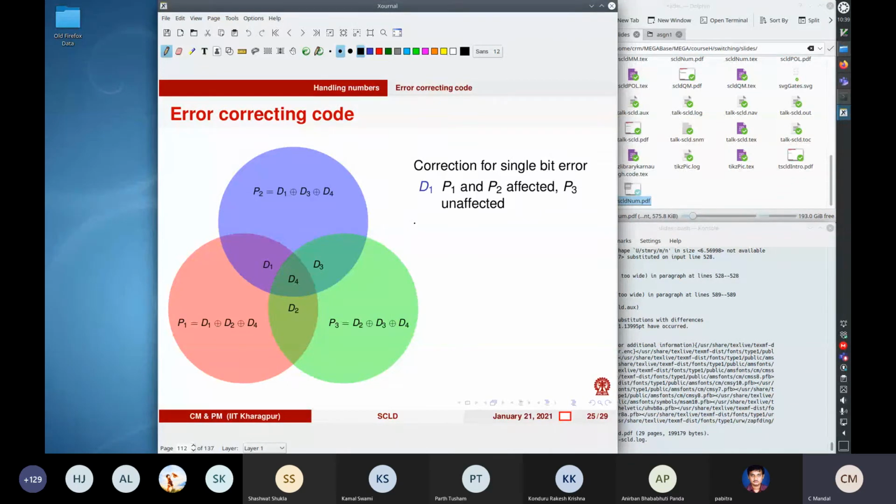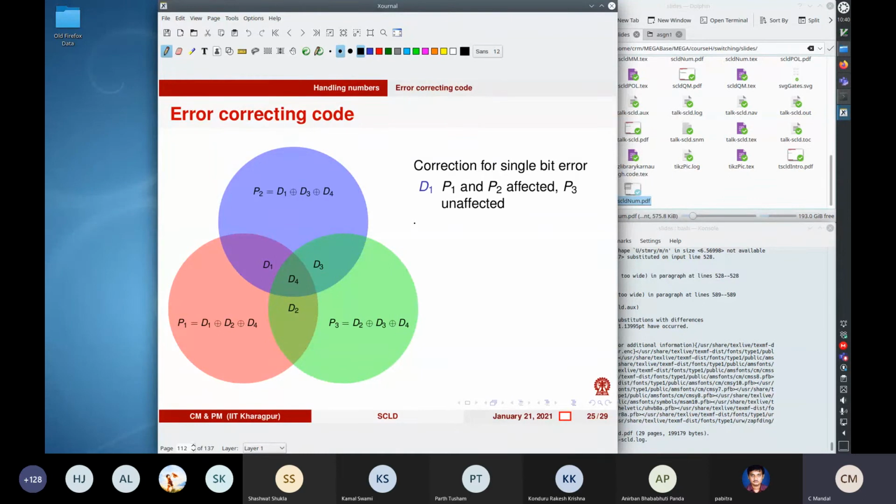Of course, intuitively you can expect that you will need more bits if you want error correction than just error detection. So first of all, let us just study one particular scheme for error correction.